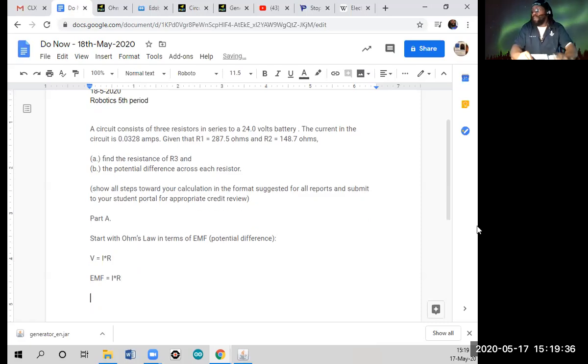Now, what does that mean? Later on in our problem, because we have three resistors we have to account for, we have to find something called resistor equivalence.